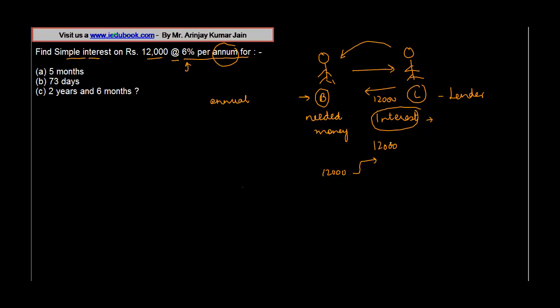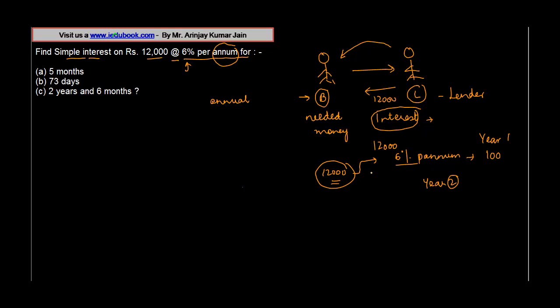You can calculate the interest, let's say at 6% per annum. Let's say in year 1 at 6%, whatever is the interest, let's say it is 100. It's not 100 actually, but let's say it is 100. Then year 2 also, the interest is calculated on this 12,000 only.